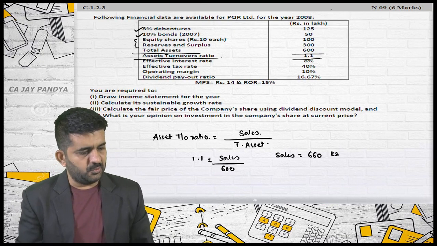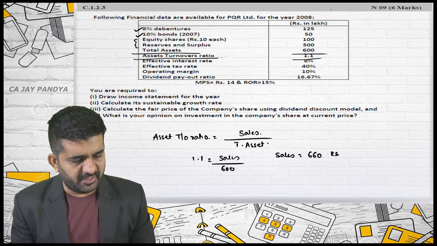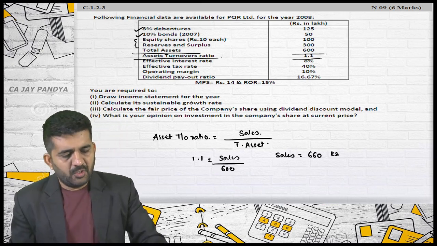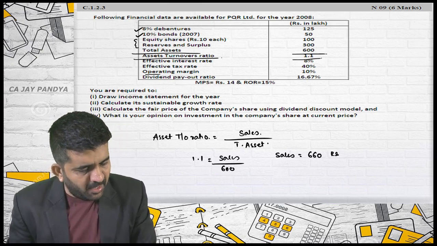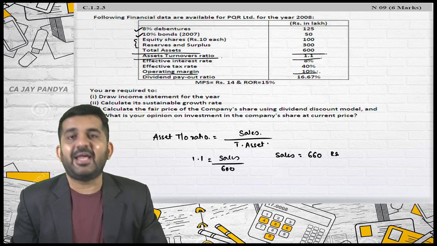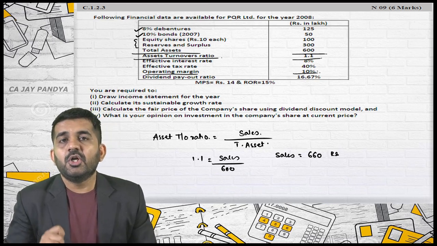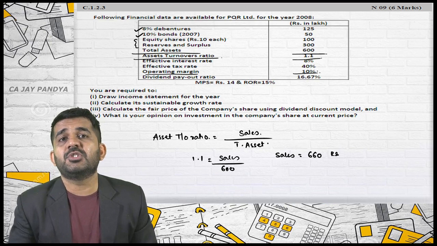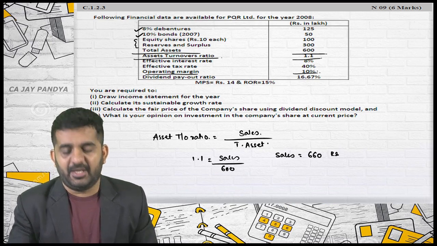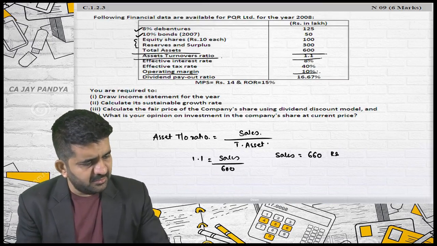The rupees is in crores or in lakhs. That does not make any difference. Is it? Now, operating margin is 10%. What does it mean? Turnover's 10% is operating profit. What does this mean?